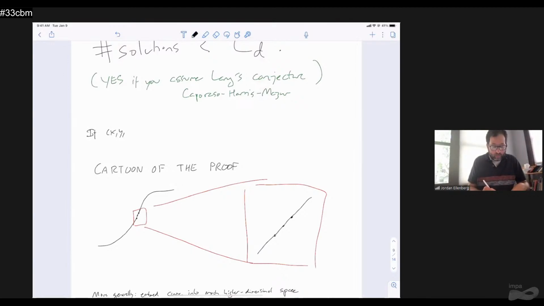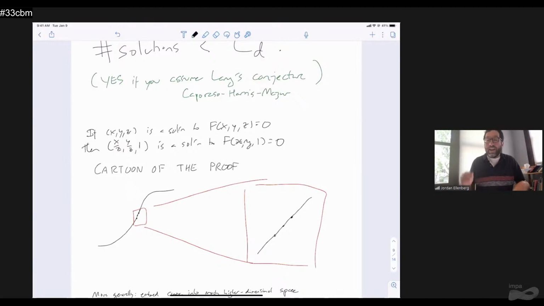If x, y, z is a solution to f(x, y, z) equals 0, then x over z, y over z, 1 is a solution to f(x, y, 1) equals 0. And this again comes from the homogeneity.